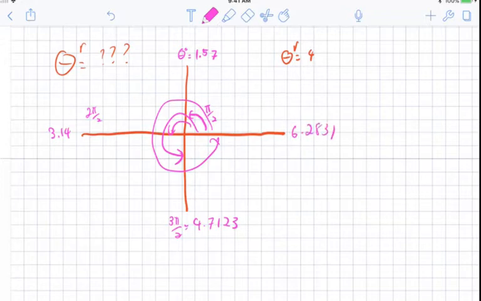Okay? So if you see an angle like this, you can say, oh, it's between 3 and 4, so it's going to be somewhere in this location, somewhere in this quadrant.